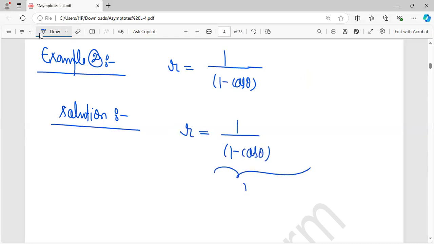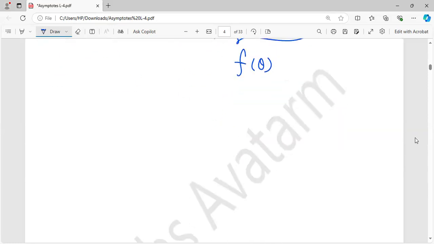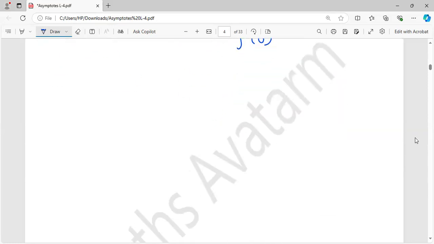So x is equal to r cos theta, so this is f theta cos theta, that is cos theta upon 1 minus cos theta.